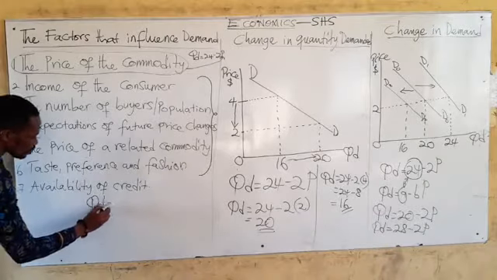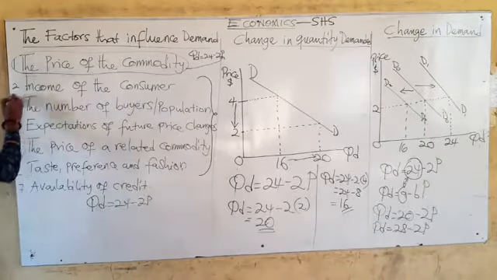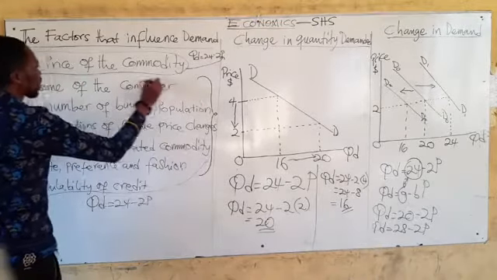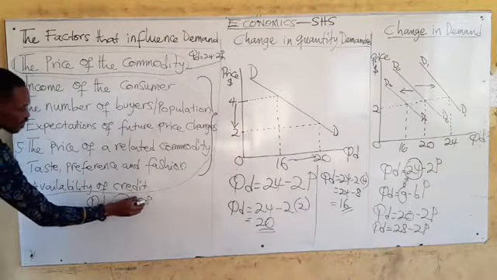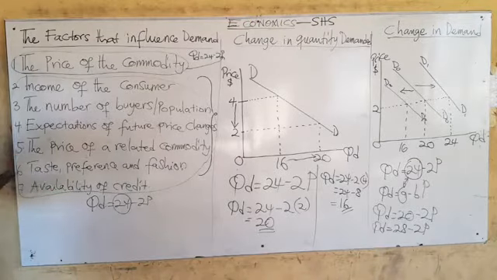However, all these factors I have circled and others, which we call demand condition factors, will only influence the 24. It will never influence the P. They only influence the 24. That is how it is.